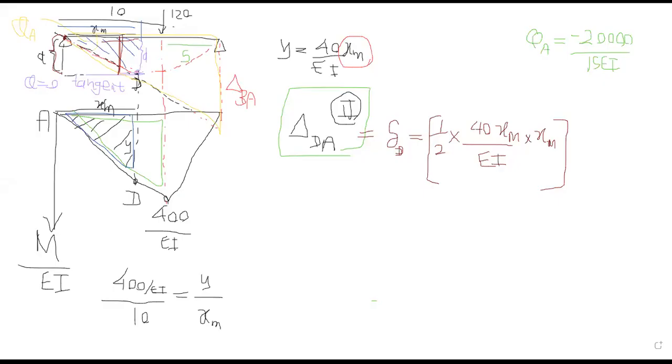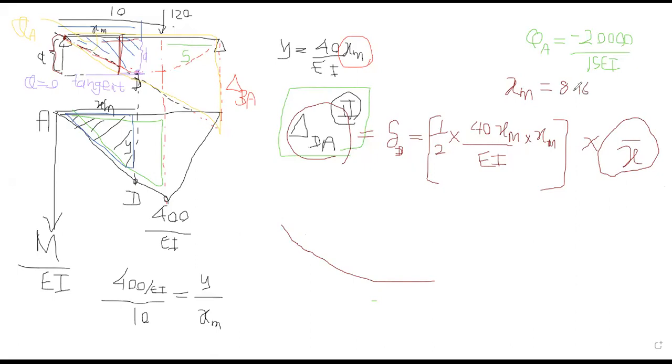So, the final question, is this notation okay? Just clearly see, we only need this x bar value. If you find it, because xm is already found, 8.16 meters, you just need to plug it in.